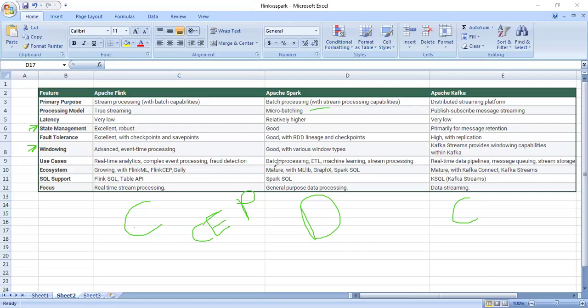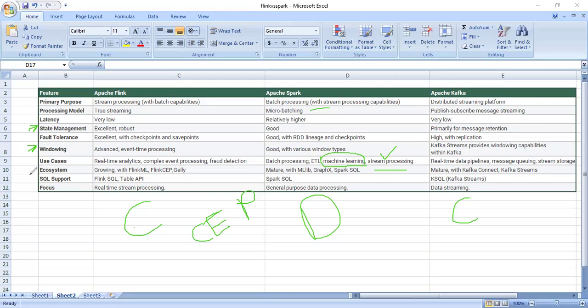When it comes to Spark, its use cases include processing of batch data, doing the ETL implementation of your pipelines, and it has good support for machine learning related things, and it has Spark structured streaming and all for processing the streaming data. Fine.